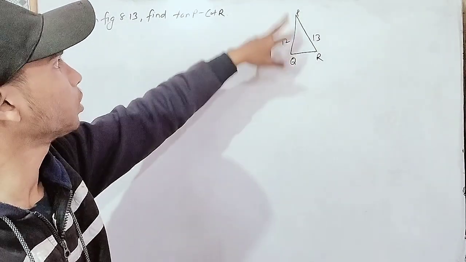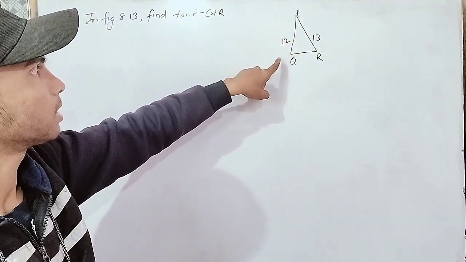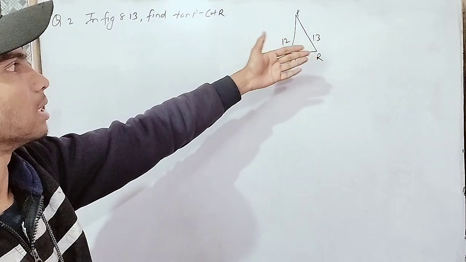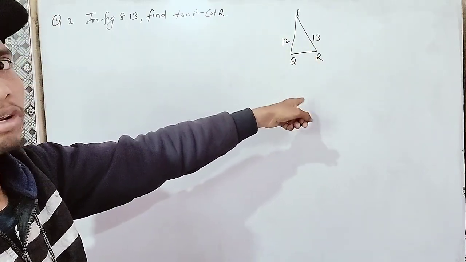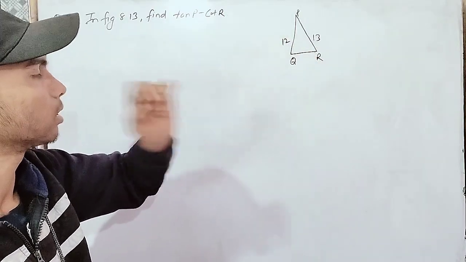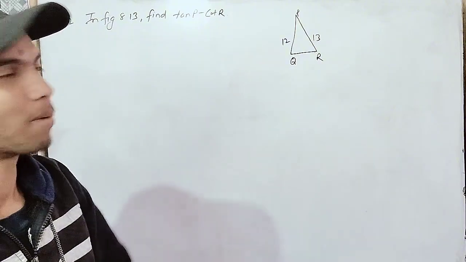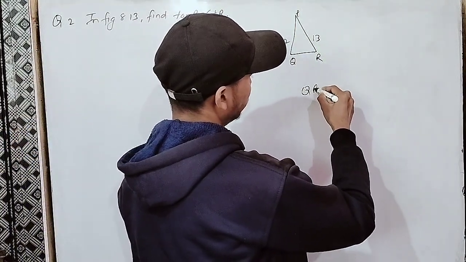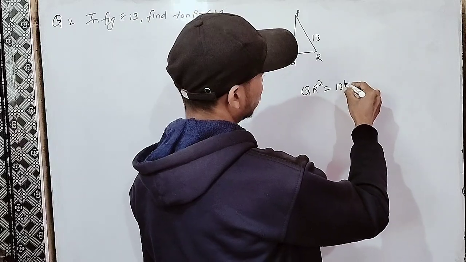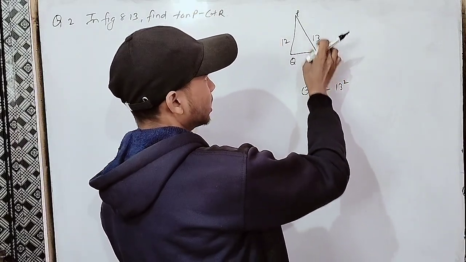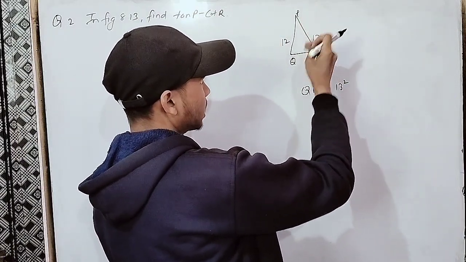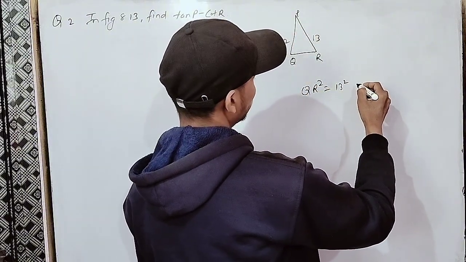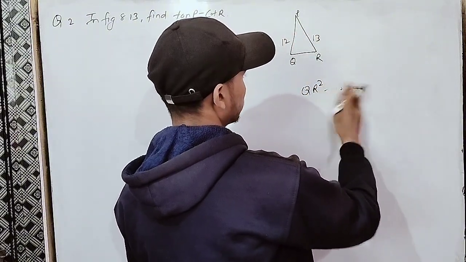So QP is 12 centimeter, and PR, which is the hypotenuse, is 30 centimeter, but we don't have the value of QR. So we just have to apply the Pythagoras theorem. QR we don't know. This is big as compared to the value of this and this.